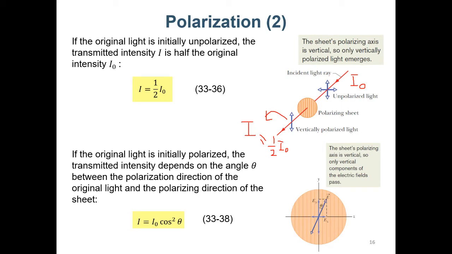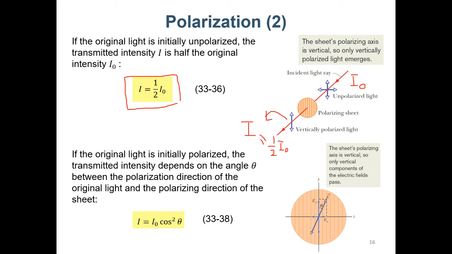This is easy. You can assume half of it is vertically polarized, half of it is horizontally polarized. So half of it cannot pass, and only half of the intensity remains.